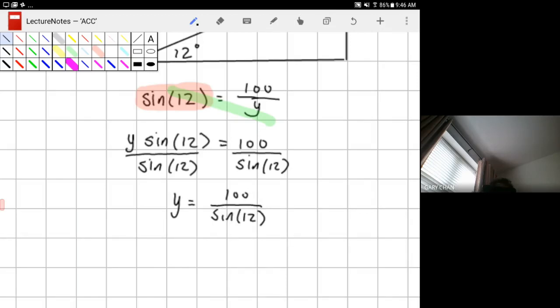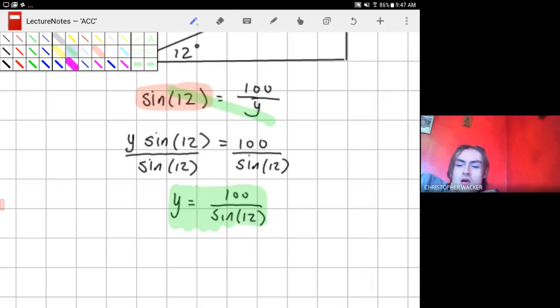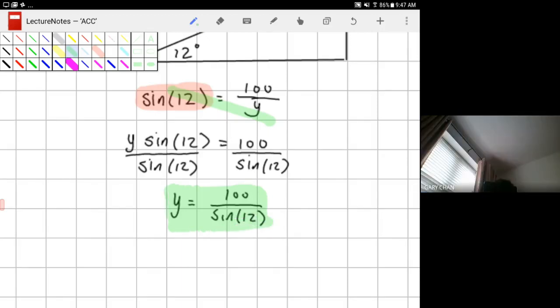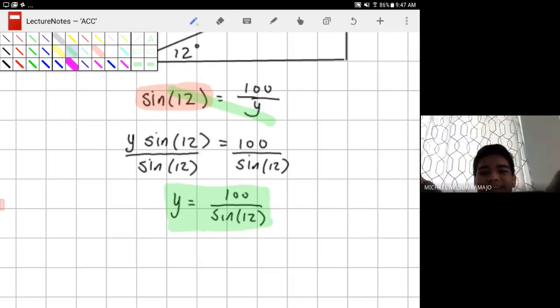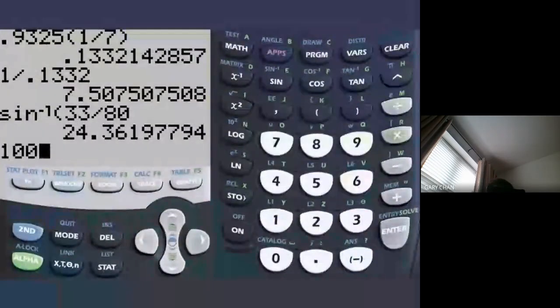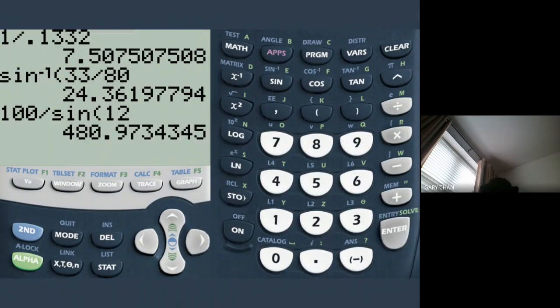And this is all you need to enter into the calculator. Do you guys see how this can be potentially easier than doing it the other way, where we have to figure everything out in steps? It's less button pressing, as you said. So we're going to do 100 divided by sine of 12. And we get 480.97.